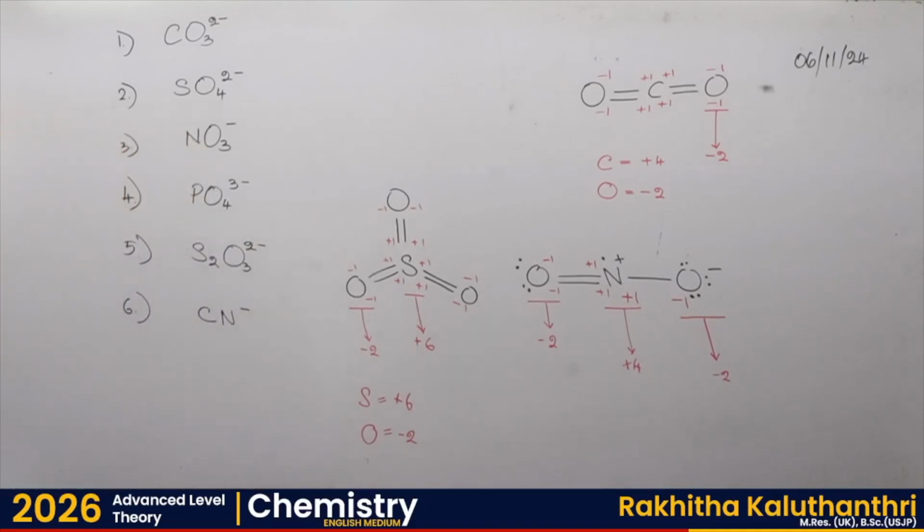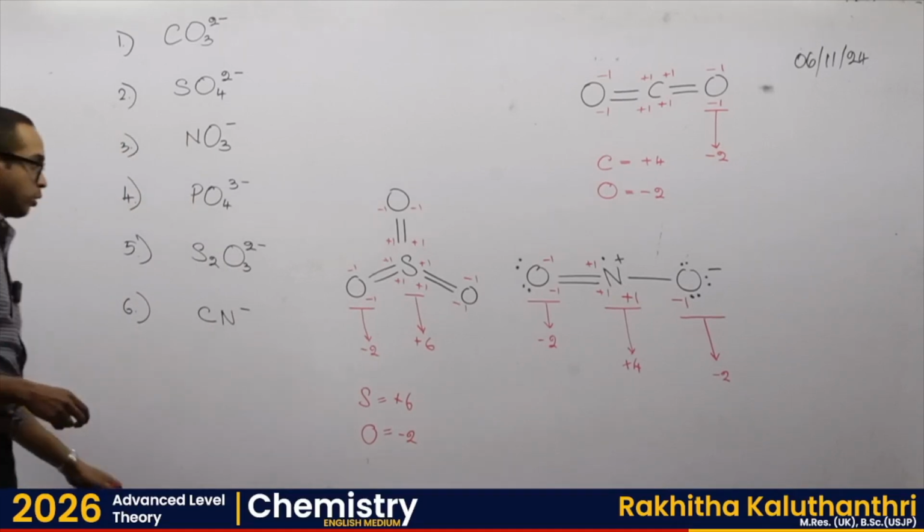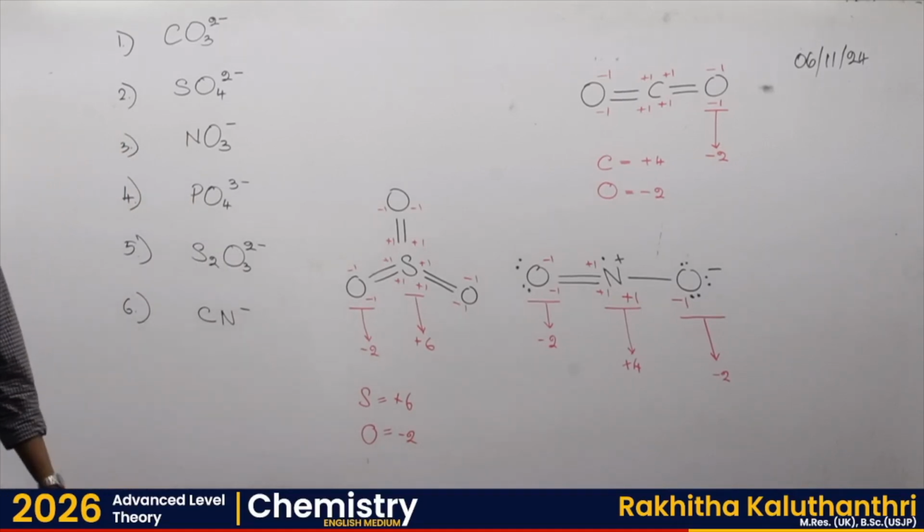Right, students, first of all draw the Lewis structures, okay, because you don't have to show me step by step how you drew them. I want you to get to the Lewis structure. You can do the rough working somewhere and draw the Lewis structure correctly and then get to the correct answer.